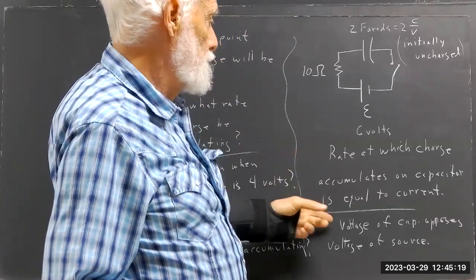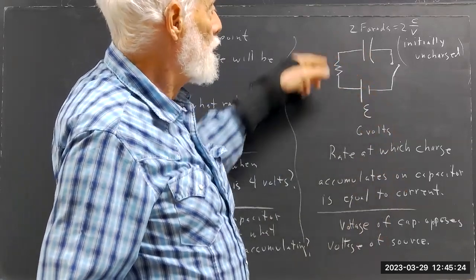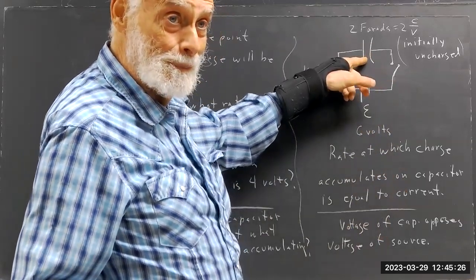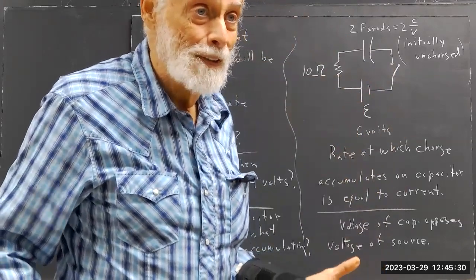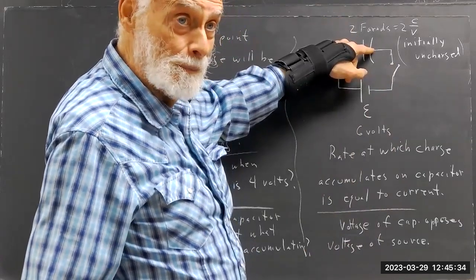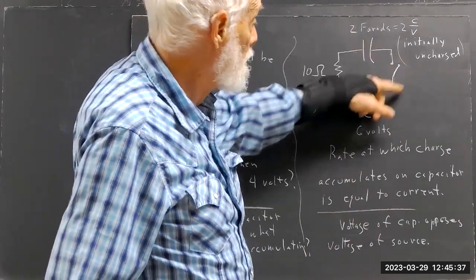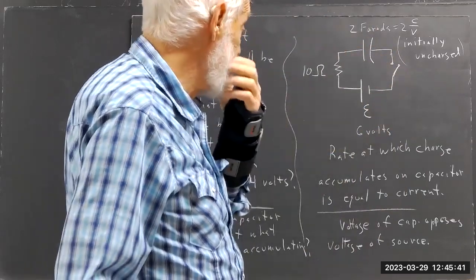The rate at which charge accumulates is equal to the current, because the current is what's being pulled off of here and pushed onto here. Okay, if you've got a current of 4 amps, that means you're taking 4 coulombs off of here every second and pushing it onto here. Your current's flowing in this direction.